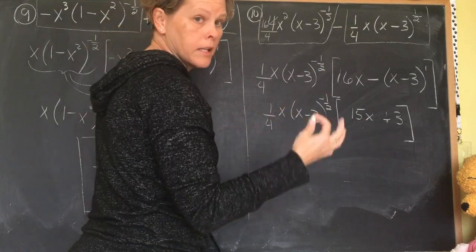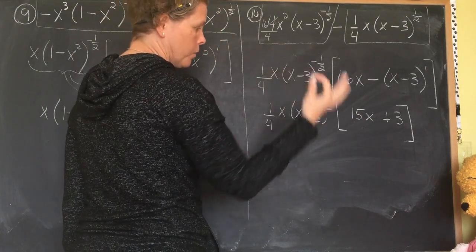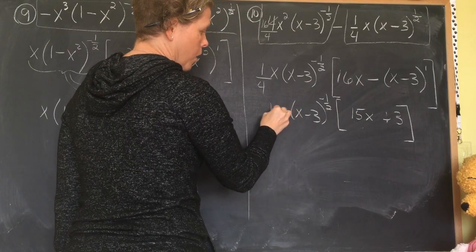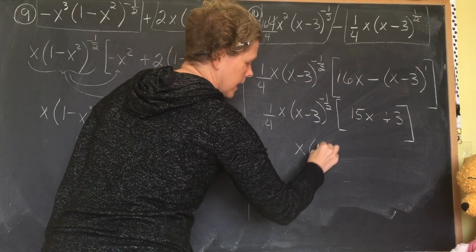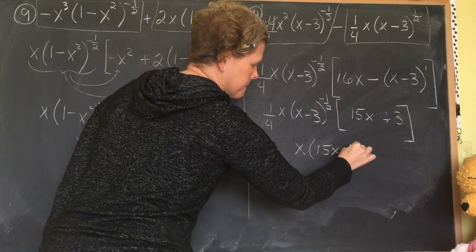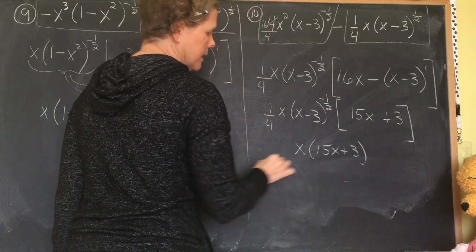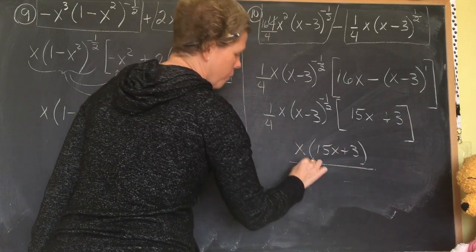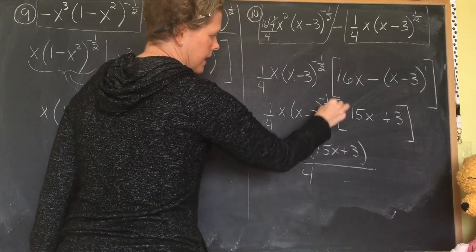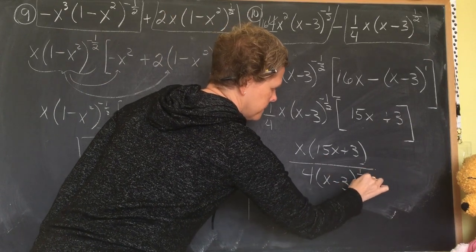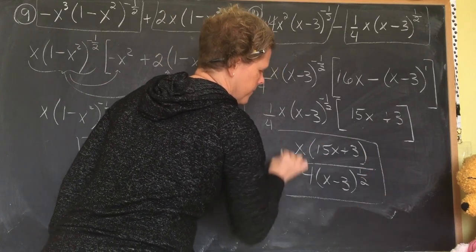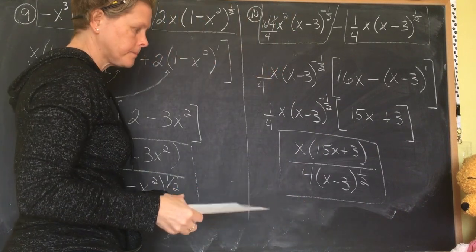Okay, now again, be deliberate about how you're writing it, what goes in the top and what goes in the bottom. I have a 1 and an x is going to be in the top, and 15x plus 3 goes in the top. In the bottom is going to be this 4, and then that negative exponent that moves to the bottom. And then that's your answer.